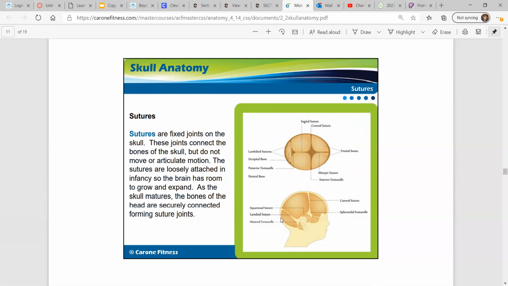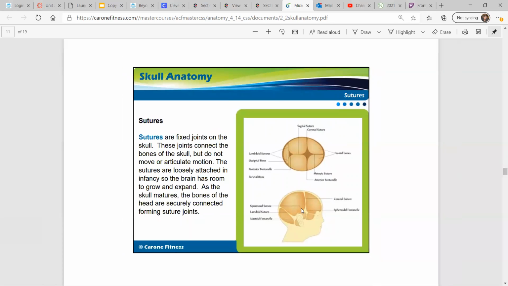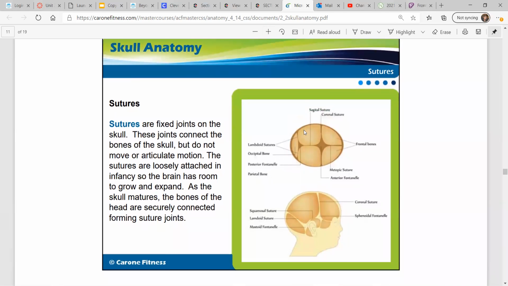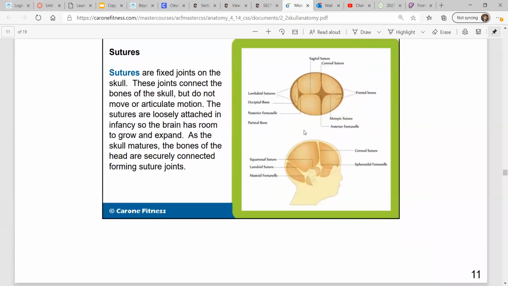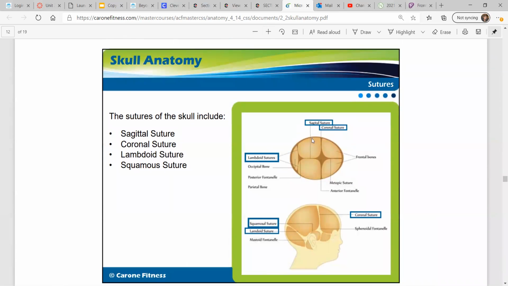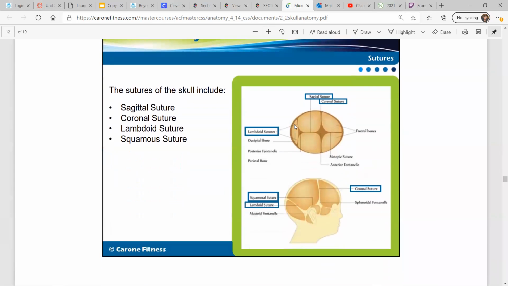And this diagram shows you more of that. So we have sagittal suture, coronal suture, lambdoid suture, and squamous sutures.